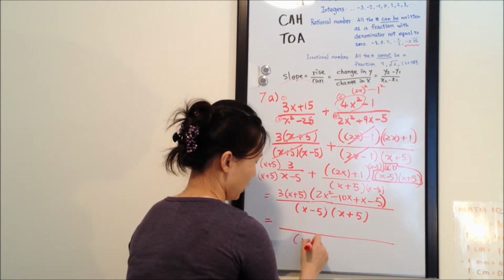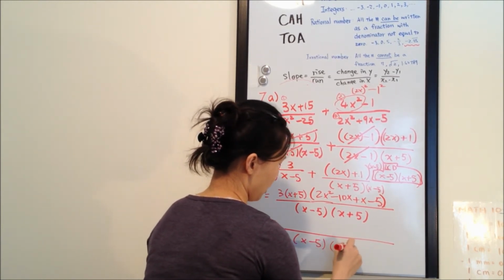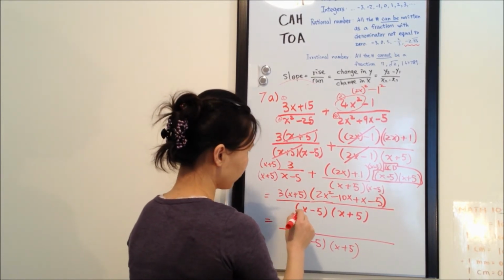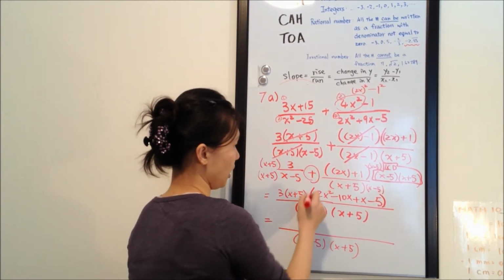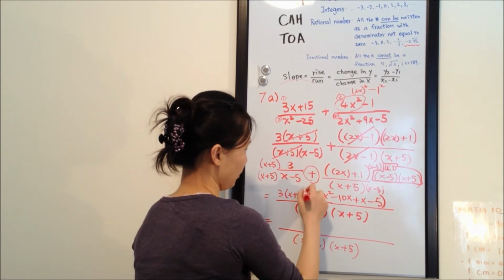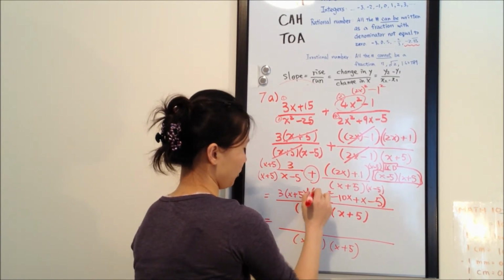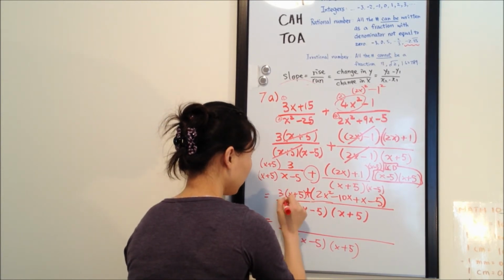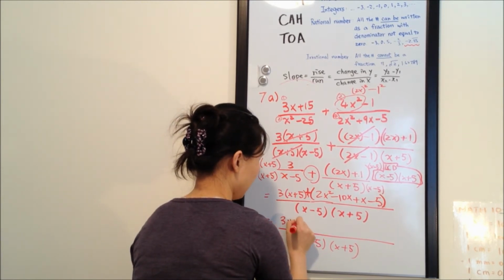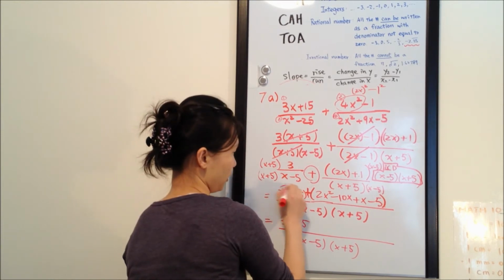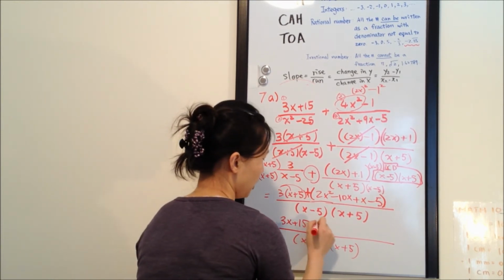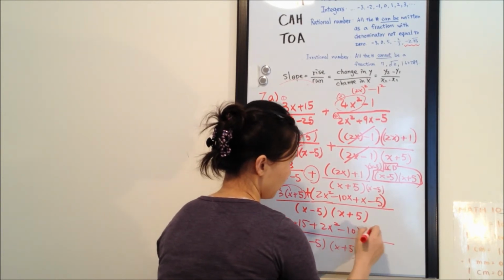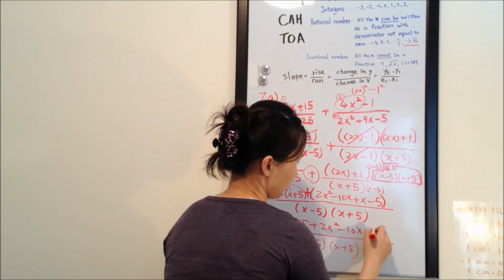Okay, and we can do the next. So x minus 5, it's going to be the same. And here, oh, don't forget, it's a plus up there. So it has to be a plus here. Okay, that one gives me 3x plus 15, because I'm just going to extend it here, plus 2x squared minus 10x plus x minus 5.